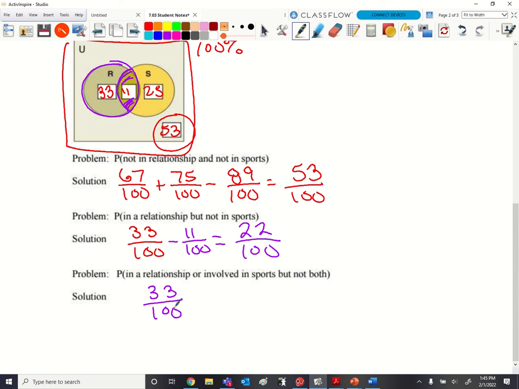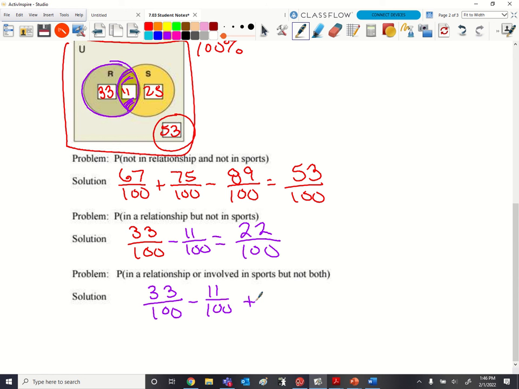Okay, so there's relationship here, right? But how many of these are involved in both? 11. So what am I going to do with these people here? I'm going to minus 11. Oh my goodness, that's a horrible minus sign. I know, right? So this is going to give me those that are in a relationship, but not both. Now the next one's going to be or, so I'm adding sports, but not both.